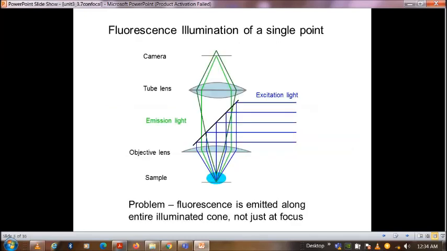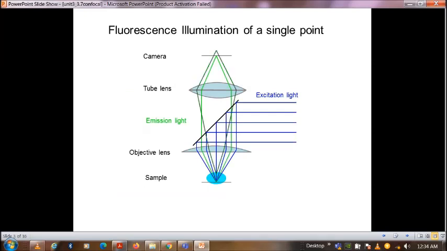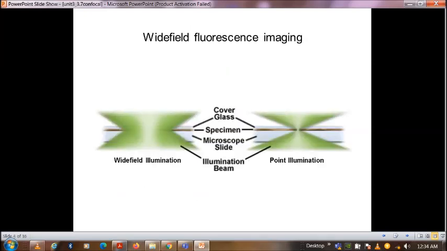See here, we have one tip, right? This tip, the viewing tip, is very small in diameter, which means point illumination may occur. So these are the microscopic slides with the cover glass and illumination beam. The illumination will be of two types: wide field illumination and point illumination, based on the viewing point tip.